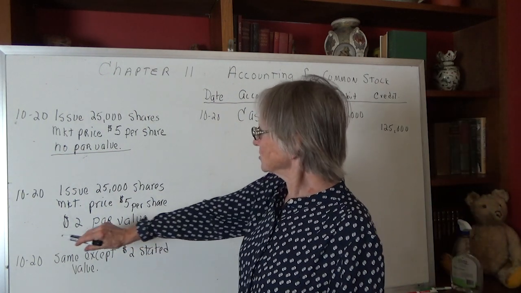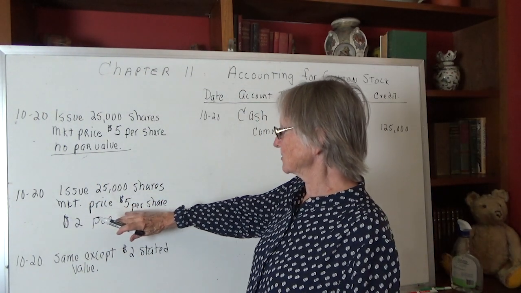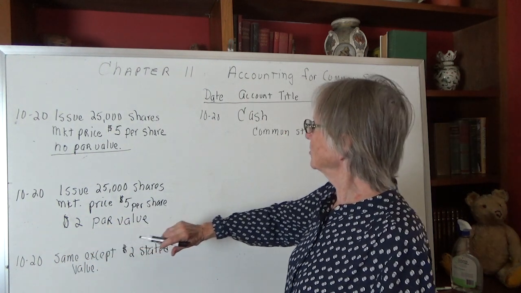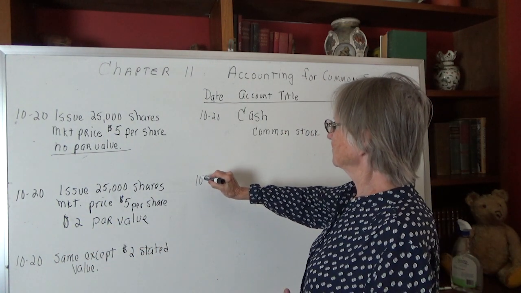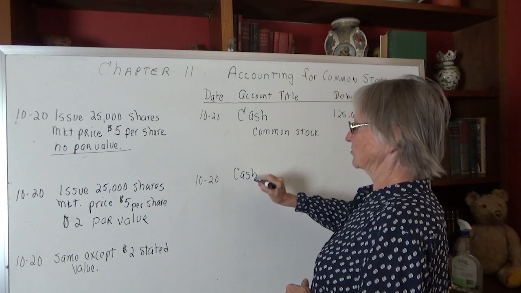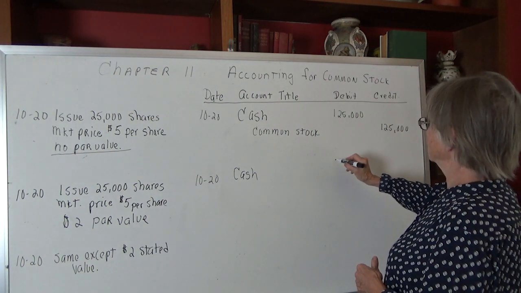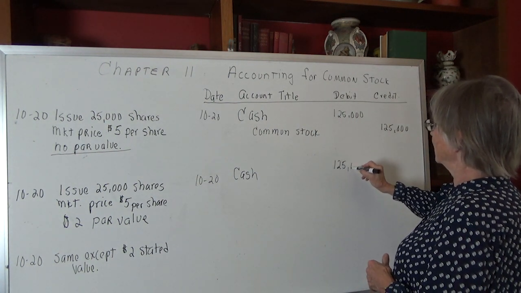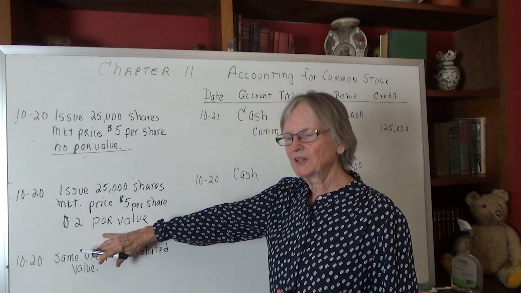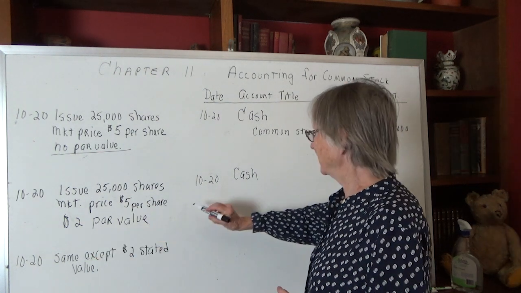So let's look at the next one here. We're issuing the same 25,000 shares, same market price of $5 a share, but now this stock has a $2 par value. So we're going to get the same amount of money. We're going to go 5 times 25,000 shares. We're still going to get 125,000 cash. But the only amount we can call common stock is the $2, the amount that would go with the $2 par value.